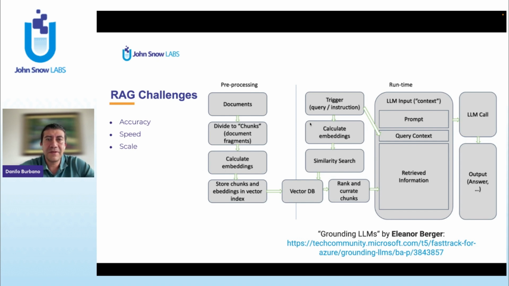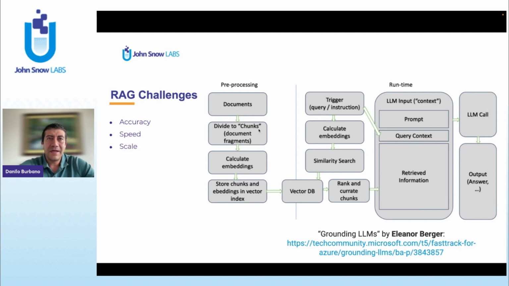We can see in this diagram the processes that we use to overcome these challenges. We elaborate a little bit more compared with the last slide, and we also divide this in two phases, the pre-processing and the runtime. In the pre-processing, as we are going to see later in the hands-on part of this webinar, we start with a collection of documents that need to be indexed.